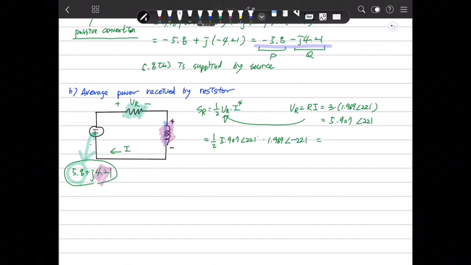So the value is 5.8 at 0, so there is only P, no Q. The source supplies it, and 5.8 is consumed by the resistor. So the average power received by the resistor is 5.8 watts.